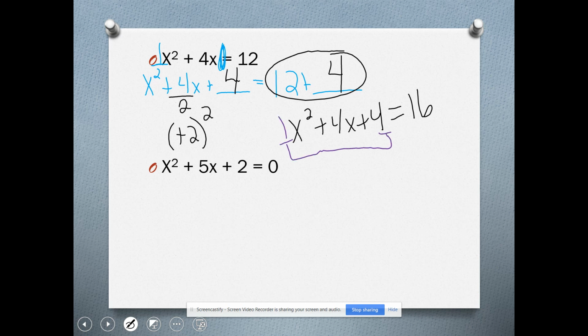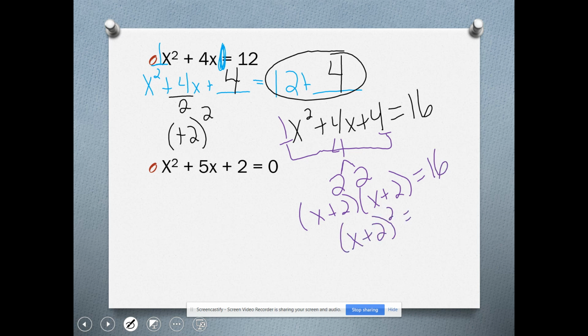Factoring our left side, the factors of positive 4 that add to positive 4 are positive 2 and positive 2. So we have x plus 2 times x plus 2 is equal to 16. And again, because they're identical, we can rewrite it as x plus 2 squared.